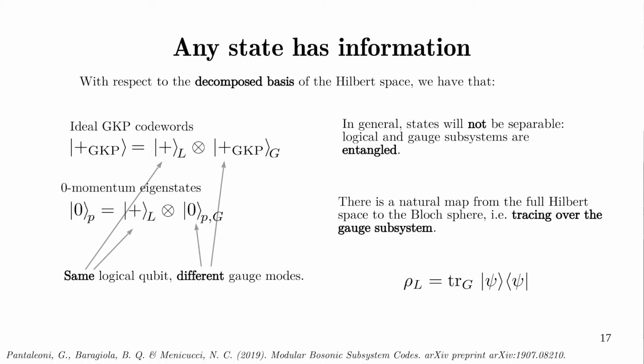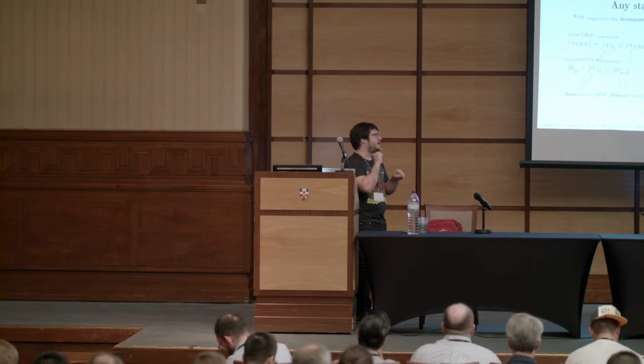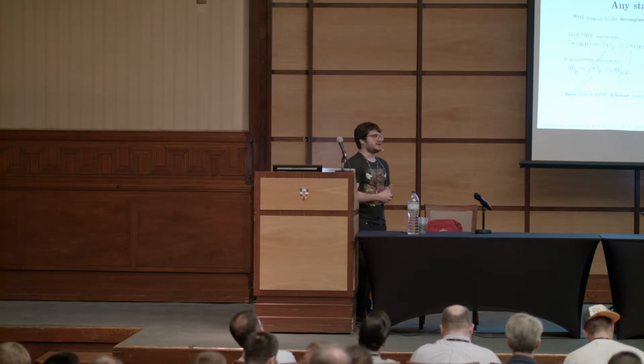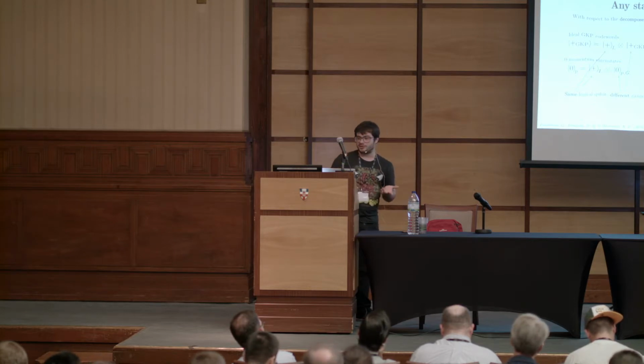Now, whenever we have a separable state, this density matrix represents a pure state, a pure qubit. When our gauge mode and our logical subsystem are entangled, which would be the case of, for example, an approximate GKP state, we have a mixed qubit.